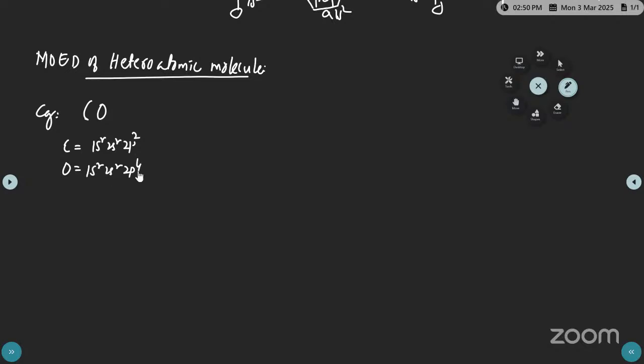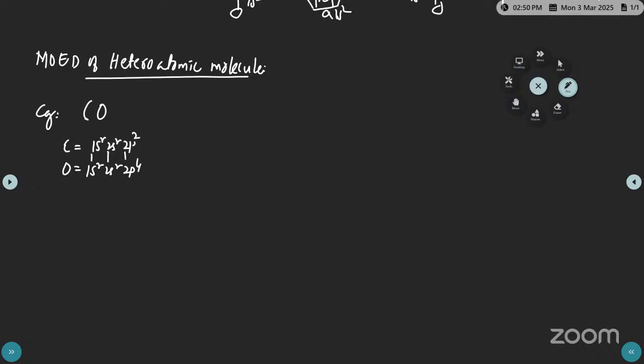So during formation of the molecule, the 2s orbital of carbon overlaps with the 2s orbital of oxygen. The 2p2 orbital of carbon overlaps with the 2p4 orbital of oxygen.